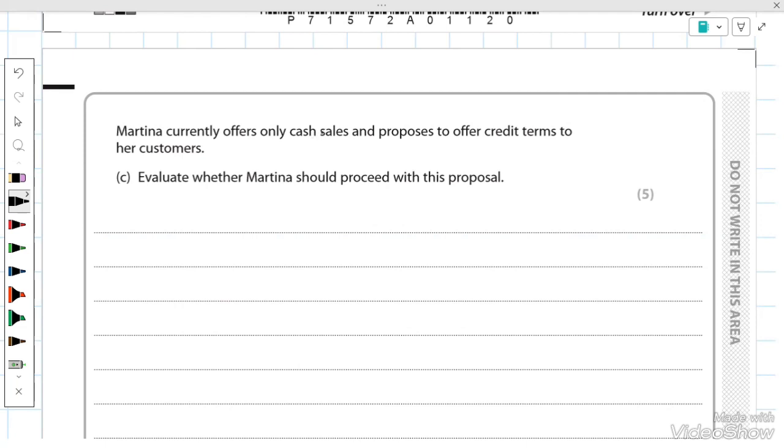Currently she is not doing any credit sales, she is just offering cash sales, but now she is thinking of proposing credit terms to her customers. So we have to evaluate whether Martina should proceed with this proposal or not. First of all, we have to write two positive points and two negative points, and after that we have to advise Martina.